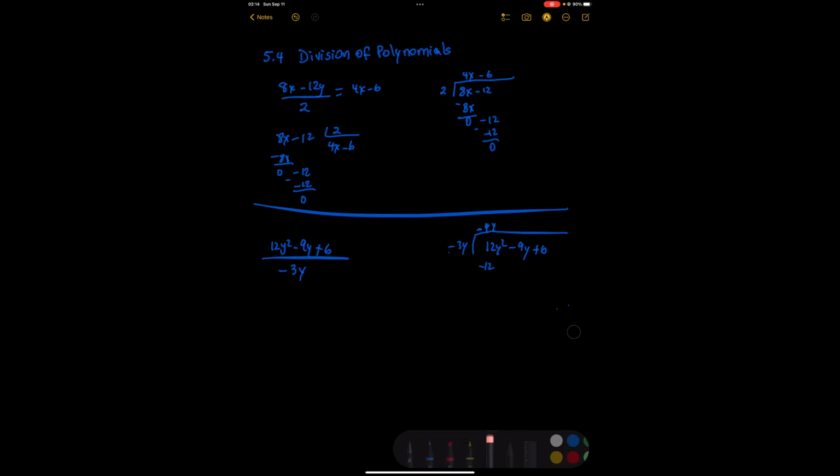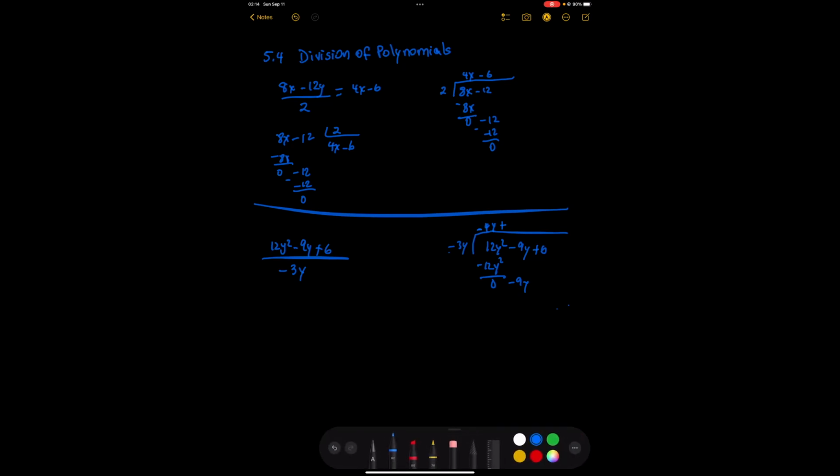Negative 4y times negative 3y will equal positive 12y squared. And when you subtract, you get 0. Then you put down the negative 9y. And what would you multiply by negative 3 to get negative 9? That would be a positive 3.